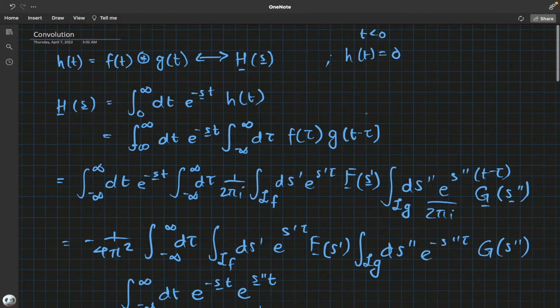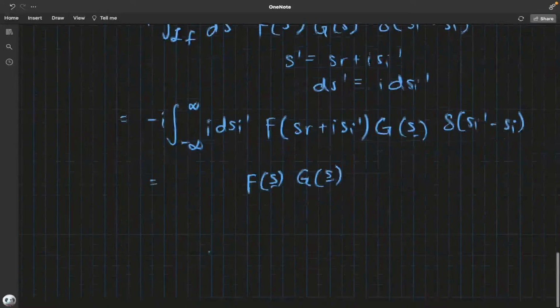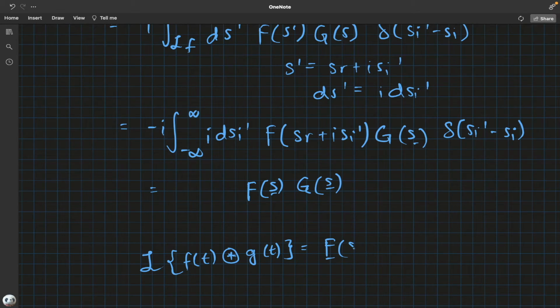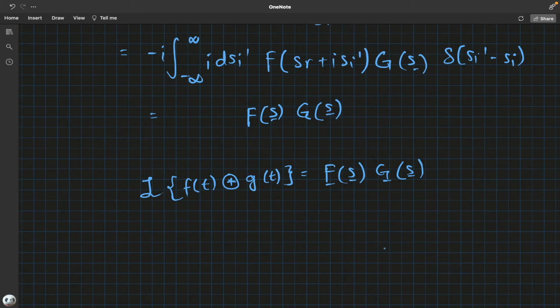So here's the formula. After all of this big mess, the Laplace transform of f of t convolved with g of t is the product of the Laplace transforms. That's really powerful, a really nice formula.